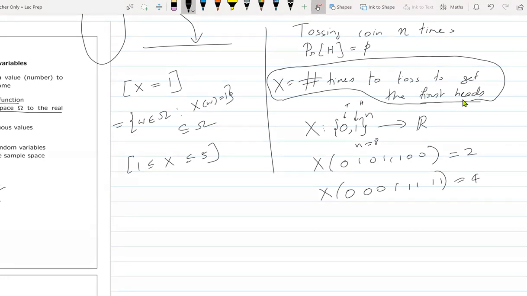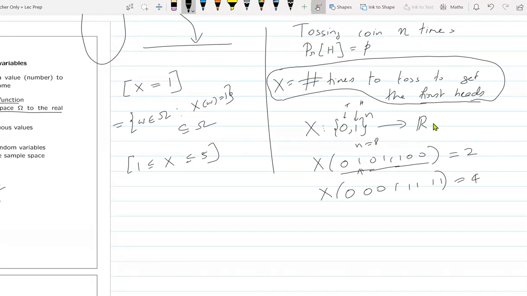Suppose you tossed 8 times, and this is the sequence of occurrences that you got. When did you get the first head? At the second position. So that's what this random variable is saying. x is the number of times you should wait for getting the first head. Now we have defined a random variable. Everybody knows what the function is from the sample space to real numbers.